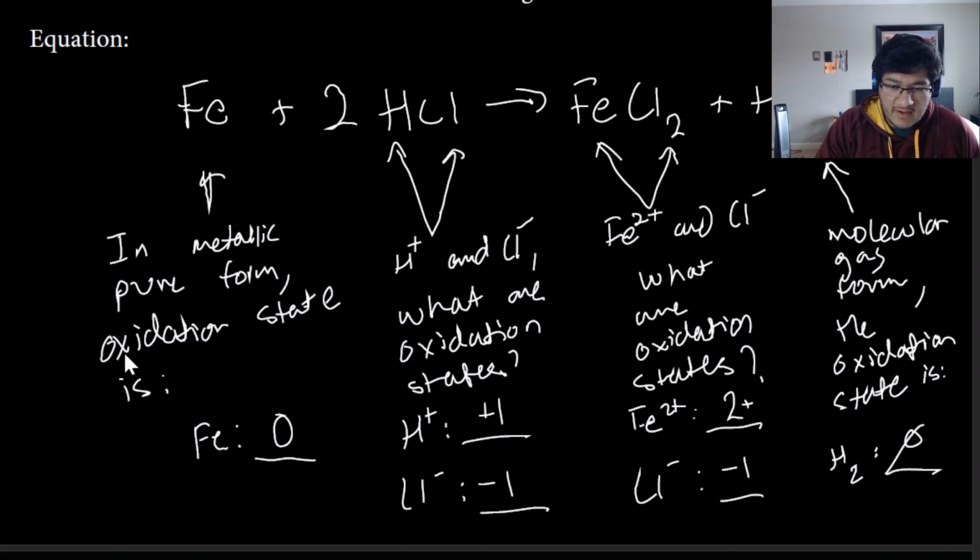Since it's being oxidized by 2, we know that there must be something that's being reduced. In this case, notice that H+ is going from a +1 charge to a 0 charge, so it's gaining electrons that are making it less positive. So the hydrogen is being reduced while the iron is being oxidized.